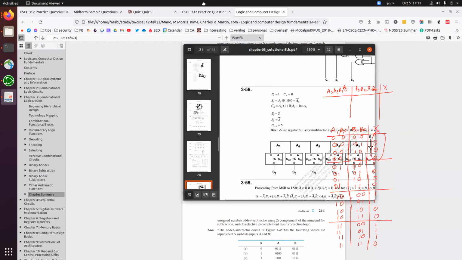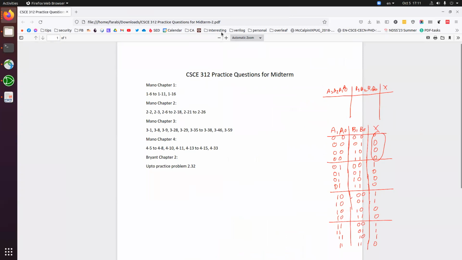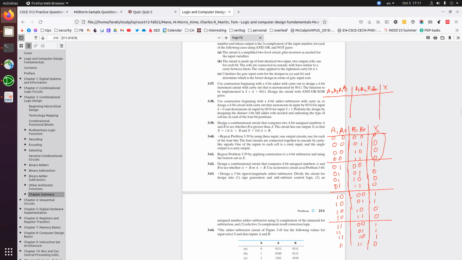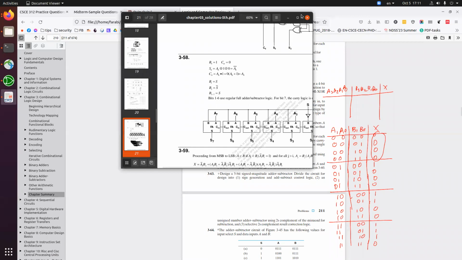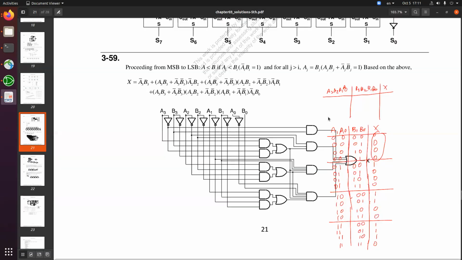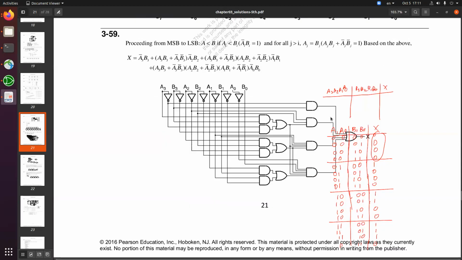So this is the circuit for the input scenario.